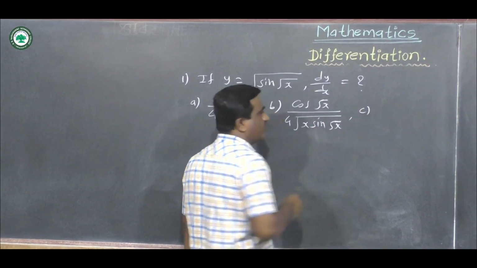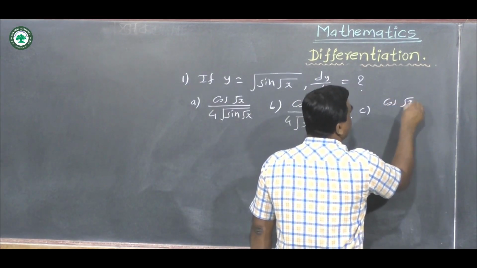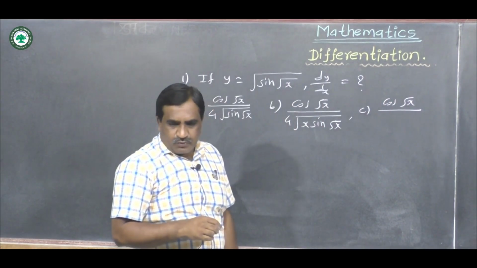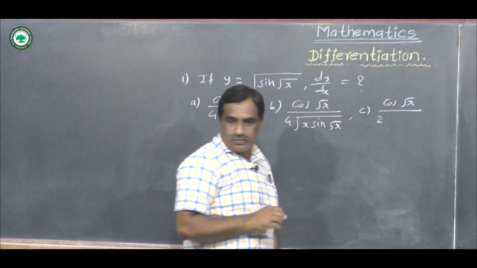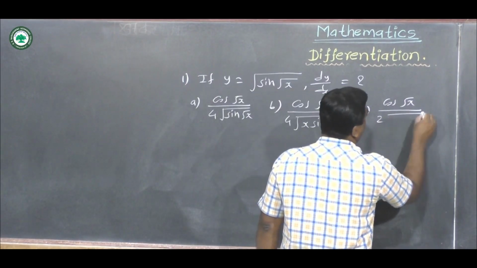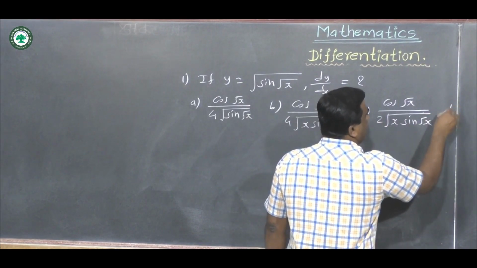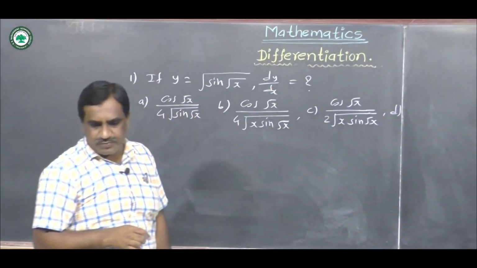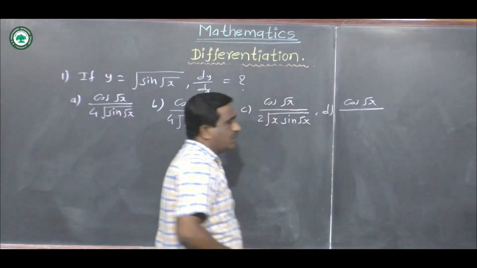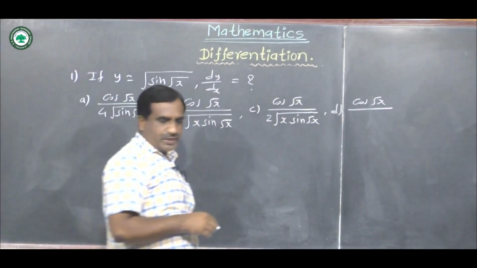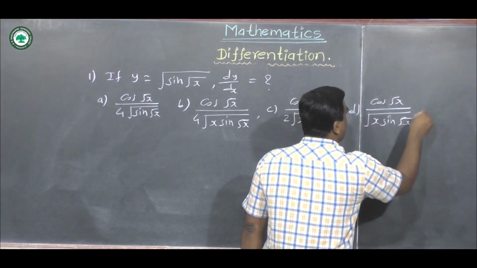Option C, option number third, cos of root x upon 2 into under root x into sine of root x. And option D, fourth option, cos of root x upon under root x into sine of root x.